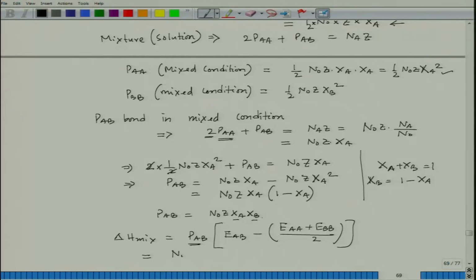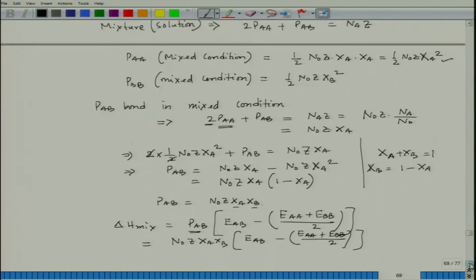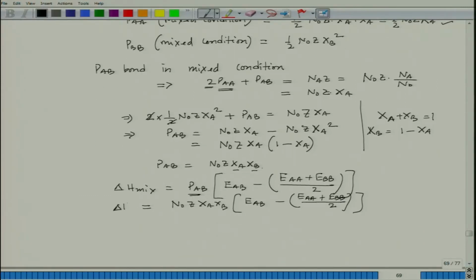So, then N_0 Z X_A X_B times E_AB minus (E_AA plus E_BB) by 2. So, this is my final del H mix expression.